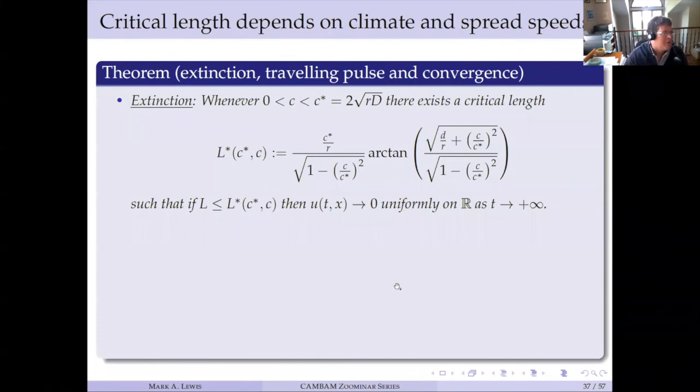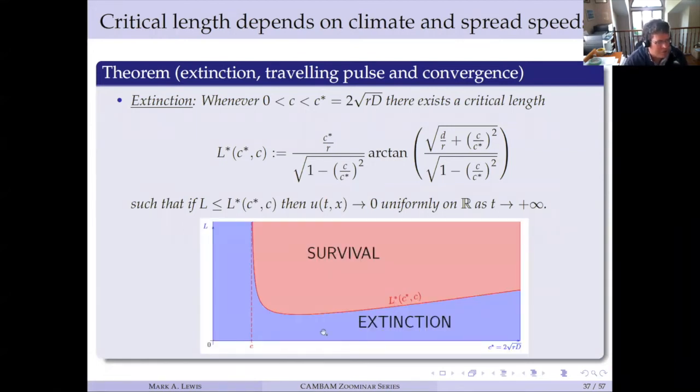There's a theorem about this model, and it's fairly straightforward. It says whenever the intrinsic spreading speed of the population exceeds the rate at which the isoclines are moving, there exists a critical length, which has the familiar formula we saw before, such that if the length of the patch is less than the critical length, the population will go to zero uniformly.